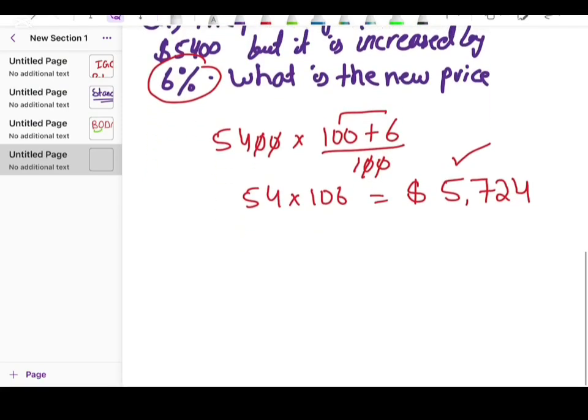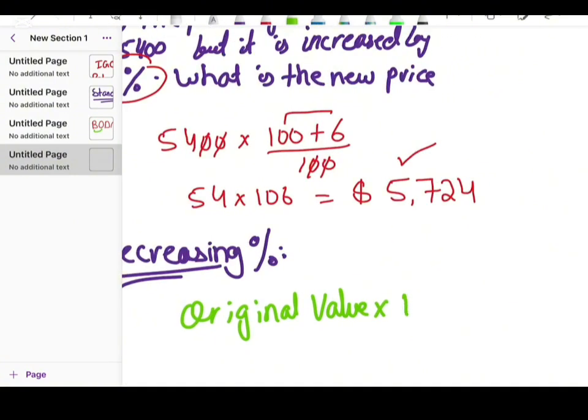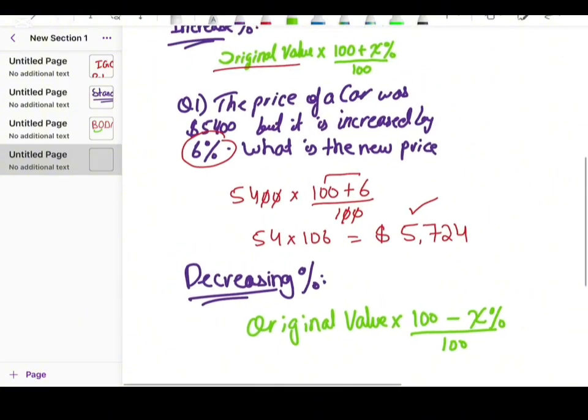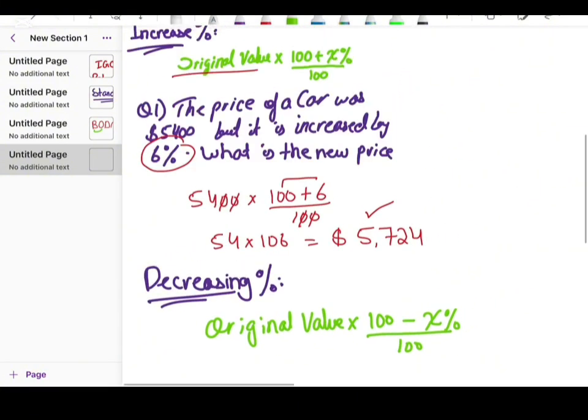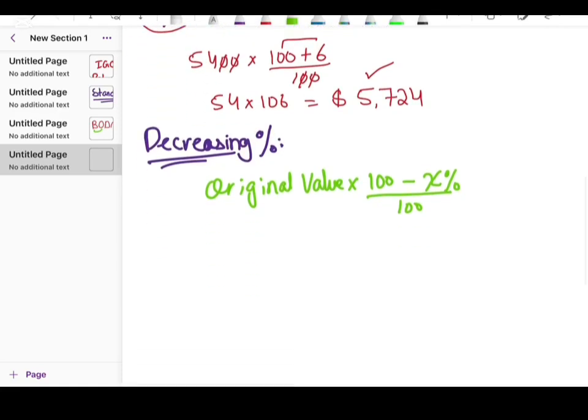So the formula for decreasing is original value multiply by 100 minus x percent, divided by 100. Everything is the same in increasing and decreasing, just a difference of sign. In increasing we will add the percentage of increment, and in this we have to subtract it. Now we will see one question related to this.